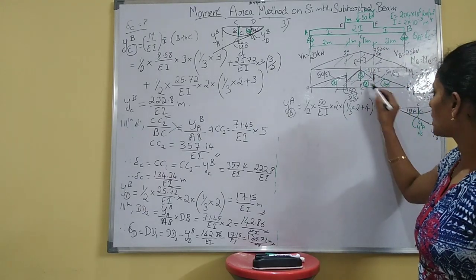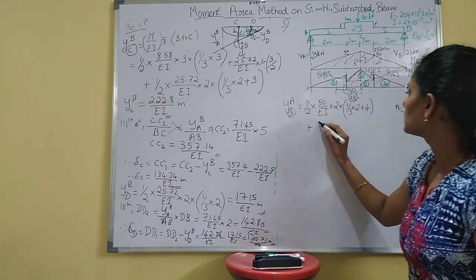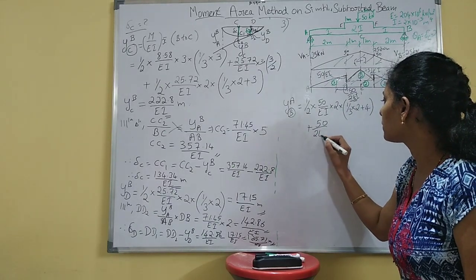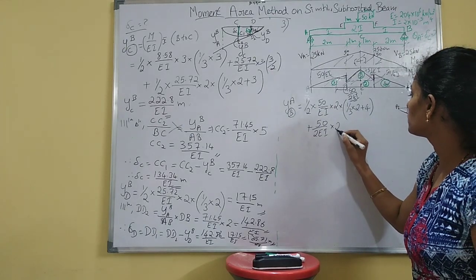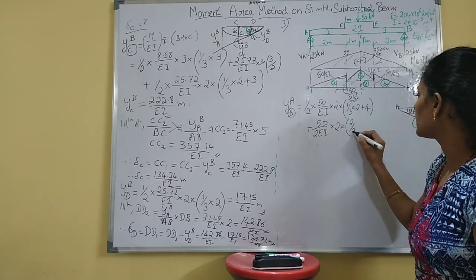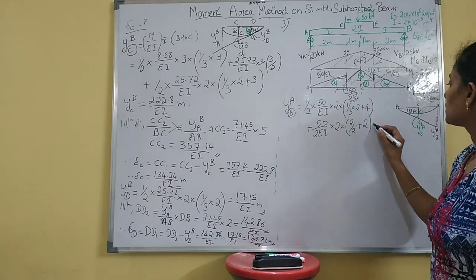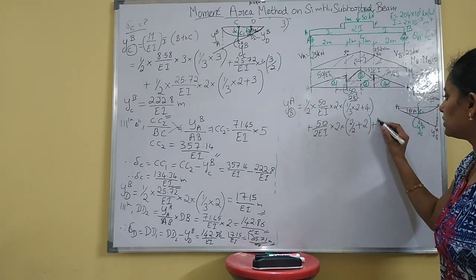Next, come to the second region. Here this is 50 by 2EI into 2 meter into a distance of 2 by 2 plus up to B, that is plus 2. Now for the third one, you can consider this full triangle.